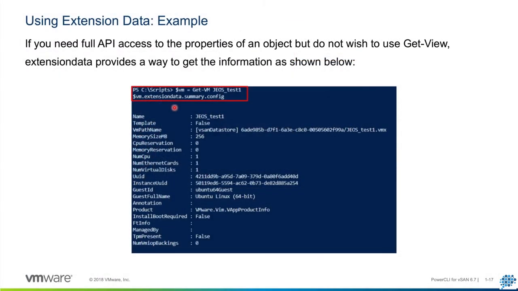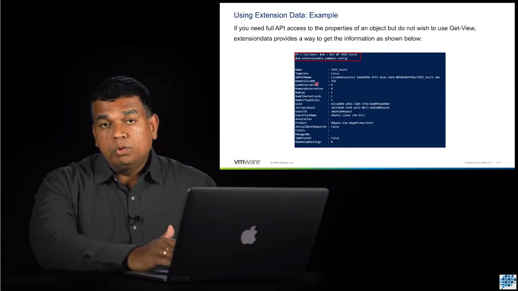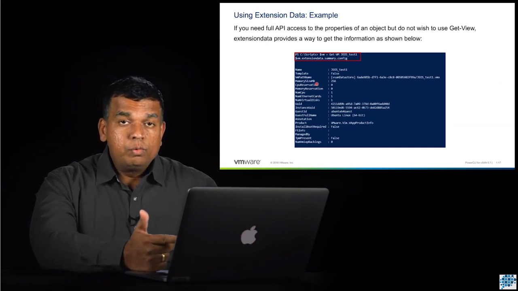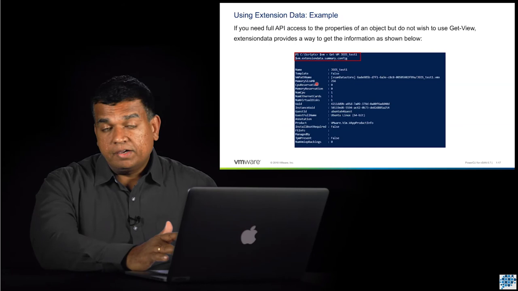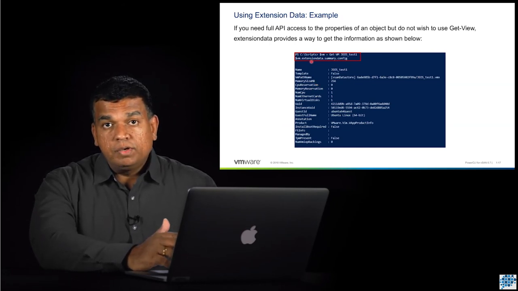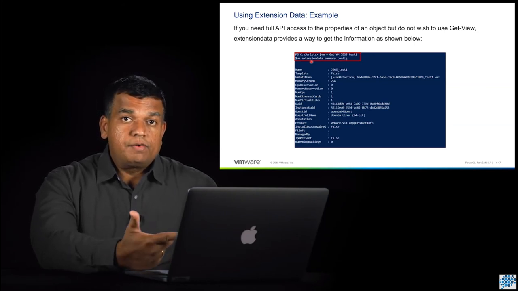If you see the output below, we have got the vm.extensiondata.summary.config, and we are pretty much getting the same output which we might have got using the get view commandlet. So if you are not comfortable with the syntax of get view, or you want to use the get VM commandlet, then you'll have to use the extension data property, and it will give you the same API level detail which you get with the get view commandlet.